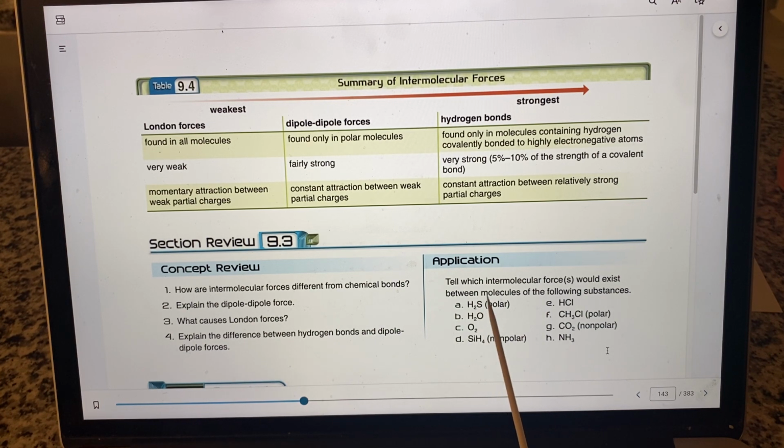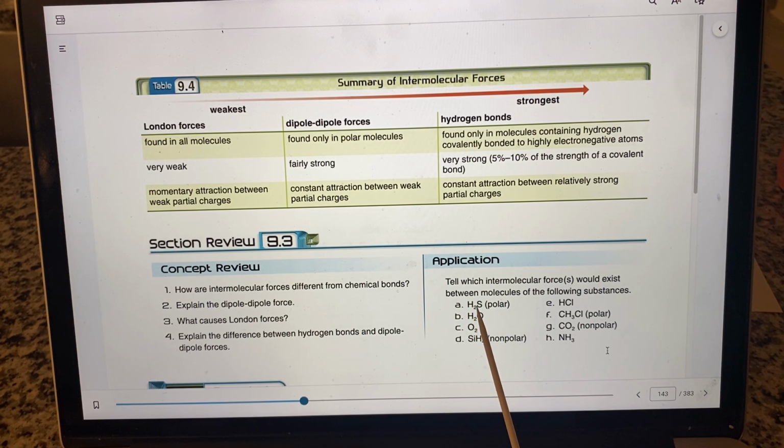Now tell which of the intermolecular forces would exist between molecules of the following substances. If you had a polar one here, which one is always polar? Dipole-dipole is polar, but every single molecule has London, so London would be there too. And you notice it has a hydrogen in there, so it's going to be all three.